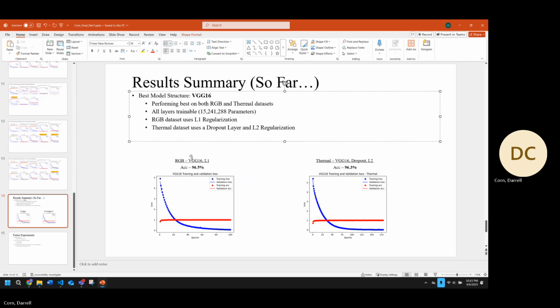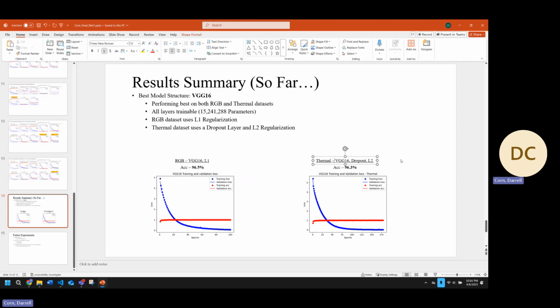The different data sets required different data augmentation techniques. So for the RGB data set, I only put an L1 regularizer on that.